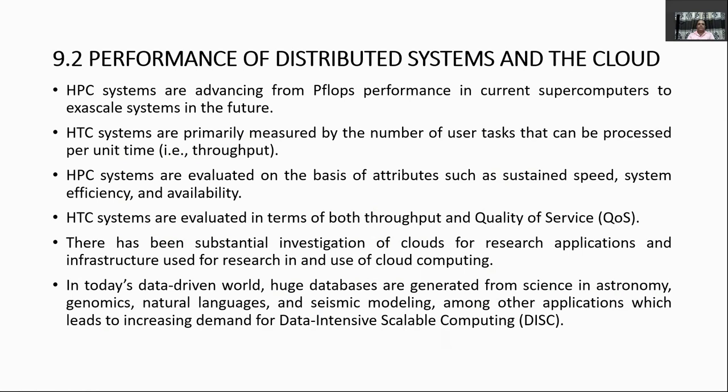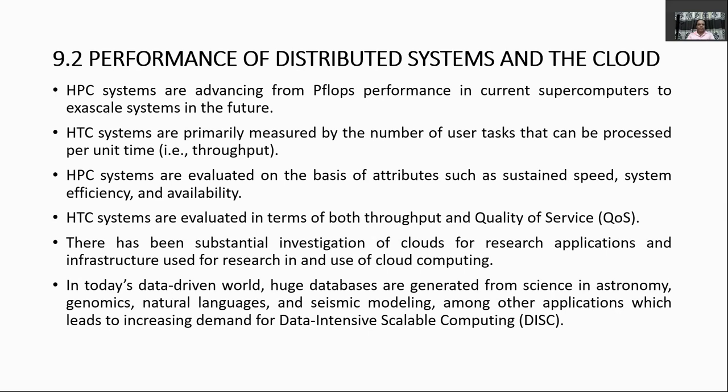Next point is performance of distributed systems and the cloud. We have seen high performance computing as well as high throughput computing. There is a difference between HTC and HPC that we will be looking into. HPC systems are advancing from petaflops performance in current supercomputers to exascale systems in the future. The HTC systems are primarily measured by the number of user tasks that can be processed per unit time.